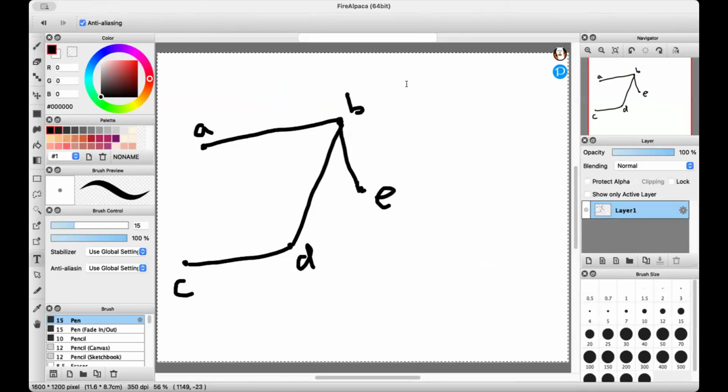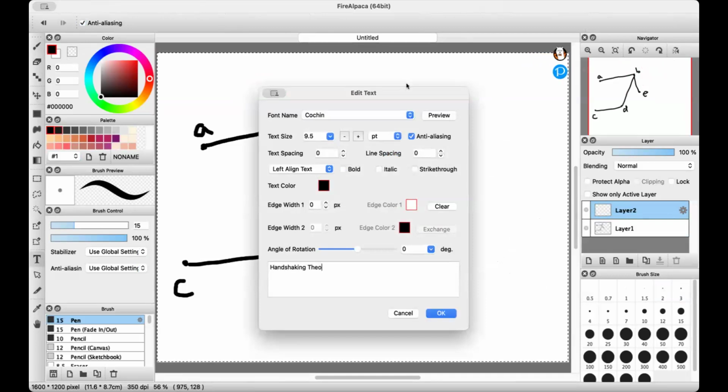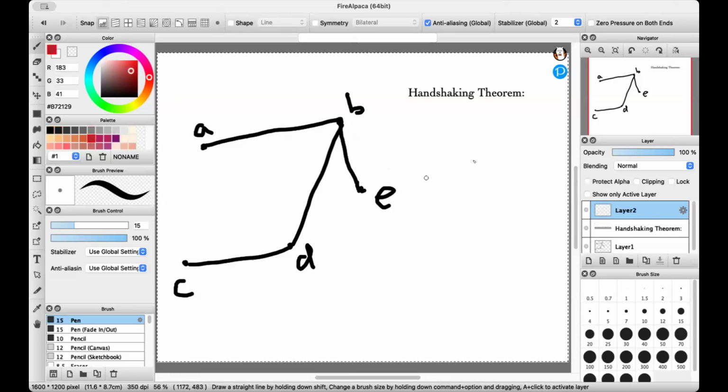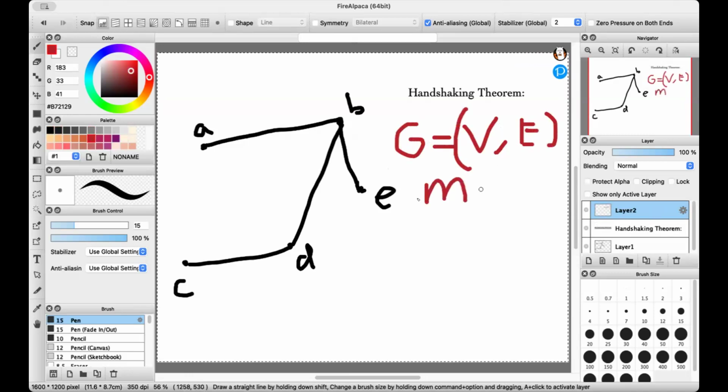The handshake theorem says that if I have a graph G equals (V, E) that has M edges, then I'm guaranteed that twice that number is equal to the sum of the degrees of all the vertices in the graph.